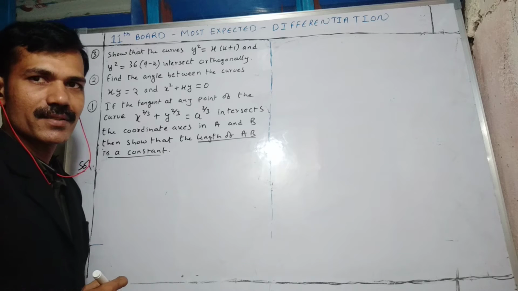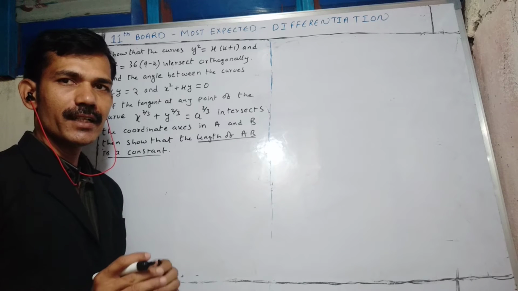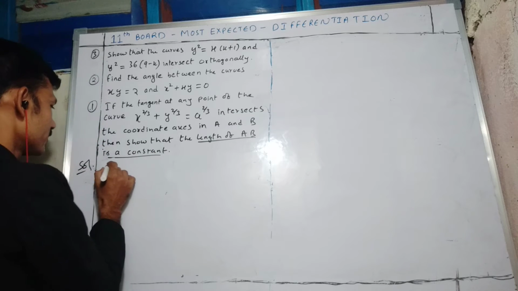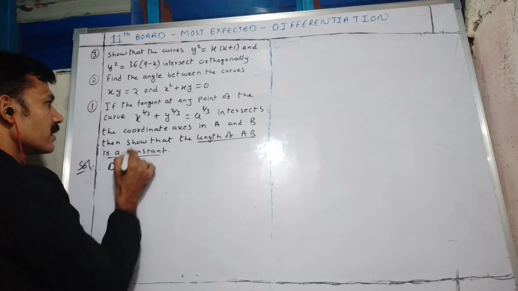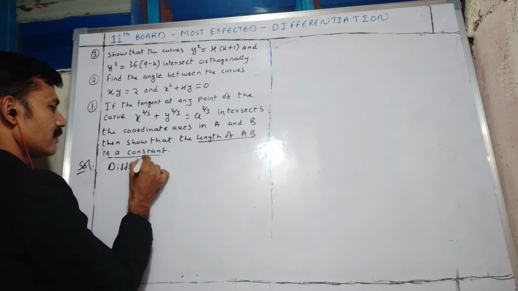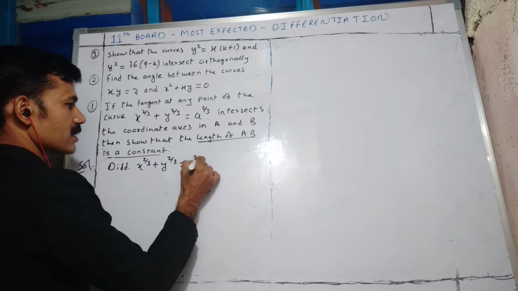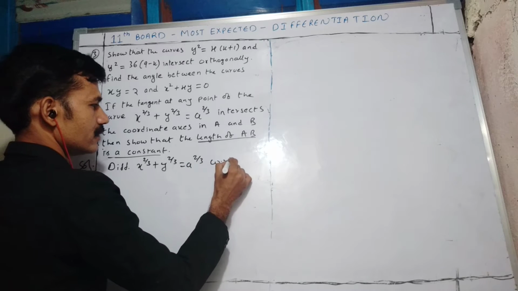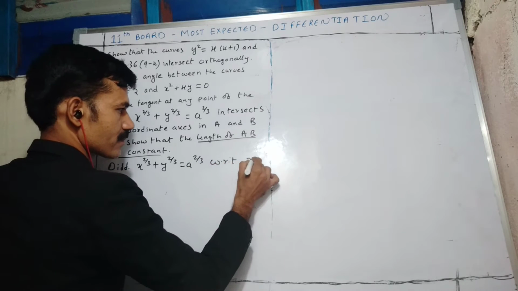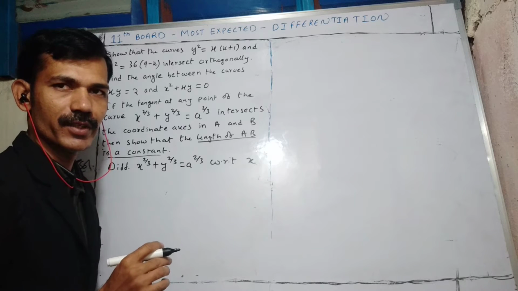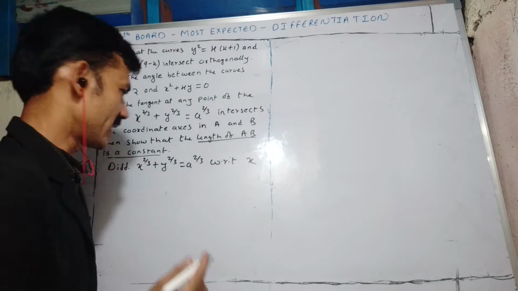Let us solve this. First we need to differentiate this. The first step is differentiation. Differentiate the given curve with respect to x. The derivative of x^n we know is n times x^(n-1).